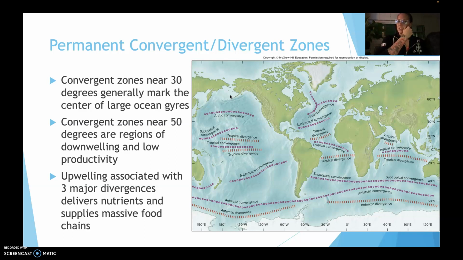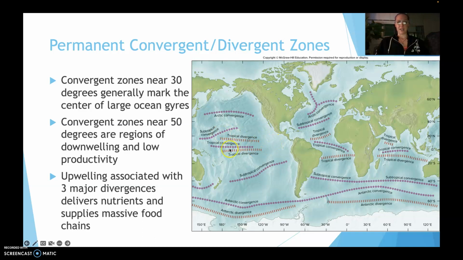And then these convergent zones near 50 degrees, which are regions of downwelling and low productivity. Productivity is basically a lot of animal activity. And then upwelling associated with 3 major divergences, which delivers nutrients and supplies massive food chains.